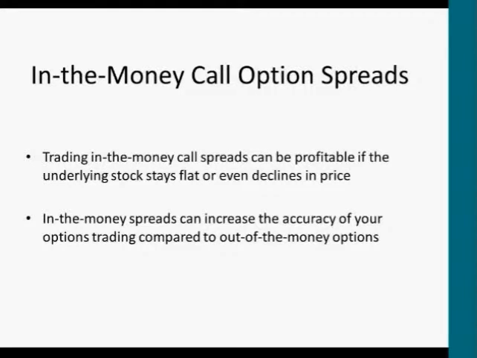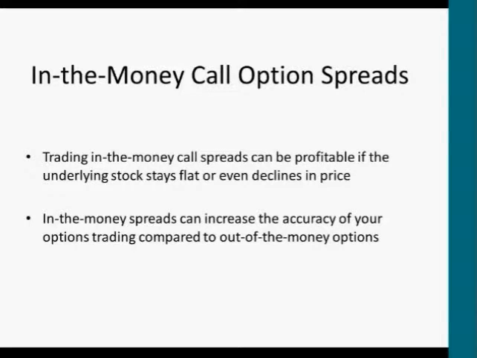And I'll show you some examples of that. So if you do these spreads in the money, then you can increase the accuracy of your options trading compared to trading at the money or out of the money spreads. So it makes a big difference when you do these in the money spreads. You have a much higher probability that your trade's going to be profitable.